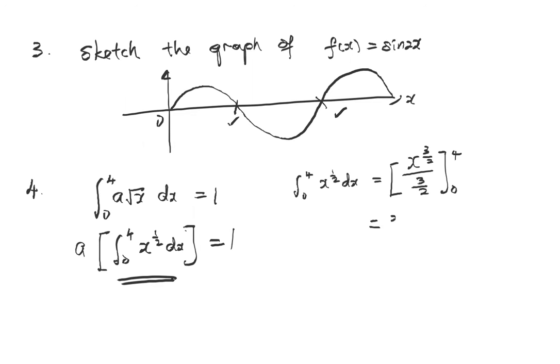So this will be 2/3 times 4 to the power of 3 over 2, take away 0. You can use your calculator: 4 to the power of 3 over 2 is 8. So this will be 16 over 3. Now I put in A times 16 over 3 equal to 1. So my A equals 3 over 16. Okay? Can?